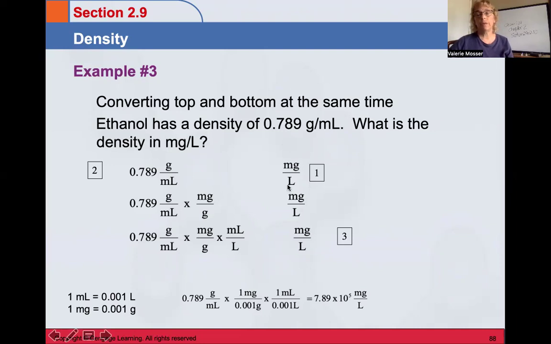We start with milligrams per liter. We've been given grams per mil. So to do this problem, we start with our grams over mils. First, let's convert our grams into milligrams because we have grams here and we want milligrams here. Then in the second step, we'll convert our milliliters into liters.